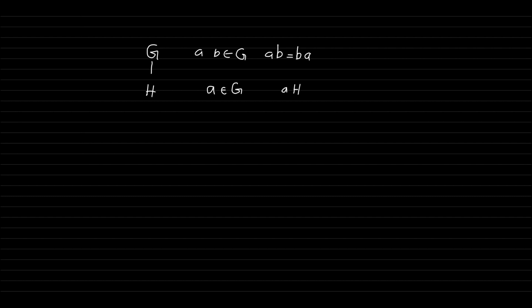What is this? This is equal to the set of all elements in the form A product B, where B belongs to H. In other words, we write it as the set of all AH, where H belongs to H. So this is the set AH, and here G is an abelian group and H is a subgroup of G. Now consider HA.